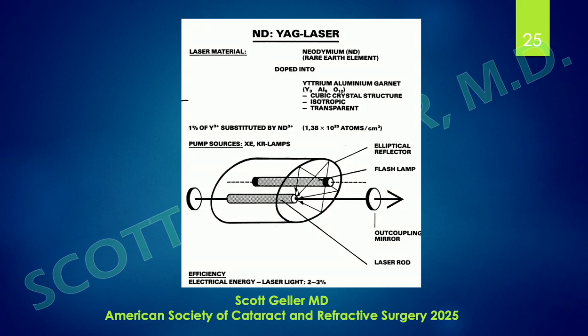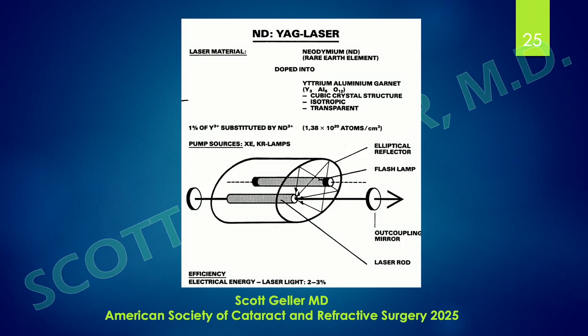So let's go over the neodymium YAG laser. Neodymium is a rare earth element, and neodymium atoms are, as they say, doped into the YAG crystal. Doped means that it is dispersed uniformly. YAG is an acronym for yttrium, aluminum, garnet. The formula is Y3Al5O12.